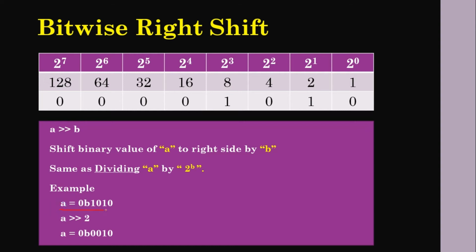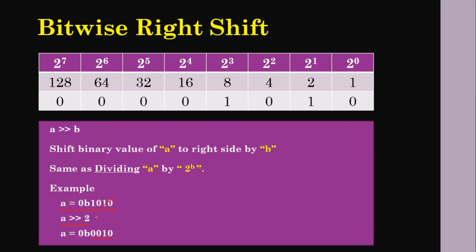Let's consider A is equal to the binary value 1010. Now I want to shift this A towards the right-hand side by two places. So this value will be shifted towards the right-hand side and it will add two zeros at this place. So my new number will be 0010 and this 10 will be discarded by the system.